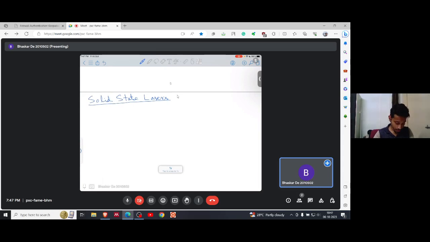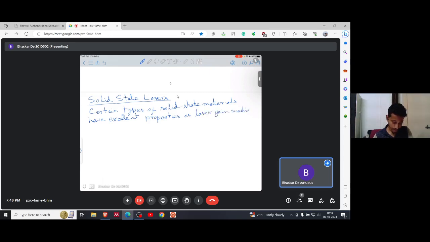The point of using this laser is that certain types of solid state materials have excellent properties as laser gain media.